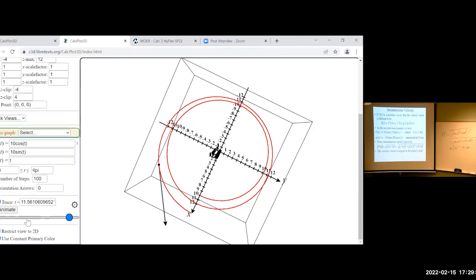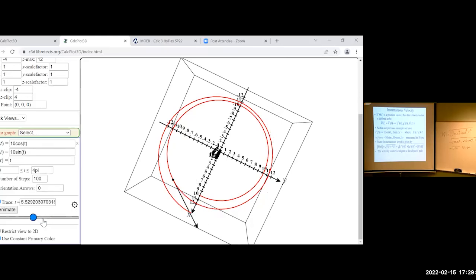But what is changing on that vector? The direction, which is why velocity is not constant, but the speed is. It's really cool that we can actually see this happening. That vector is not changing size.